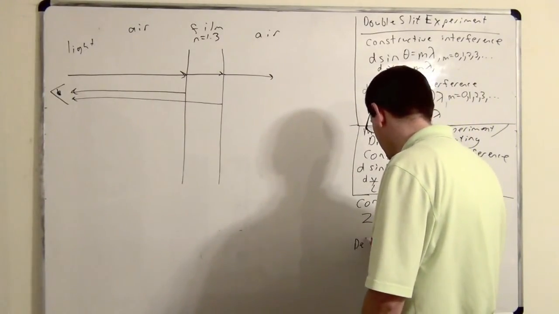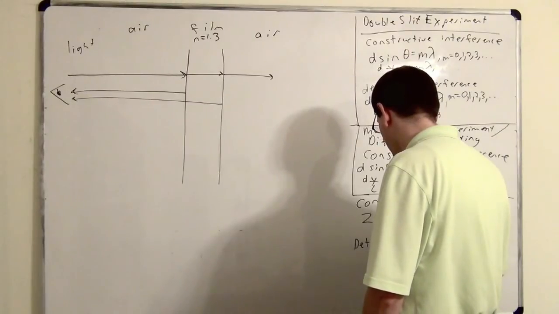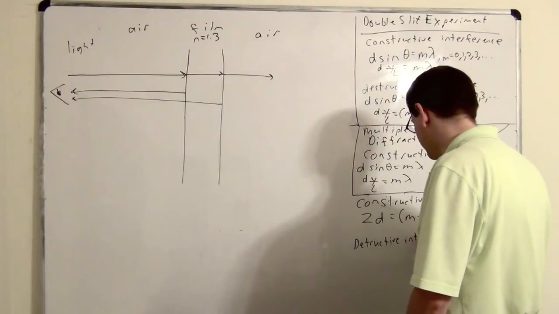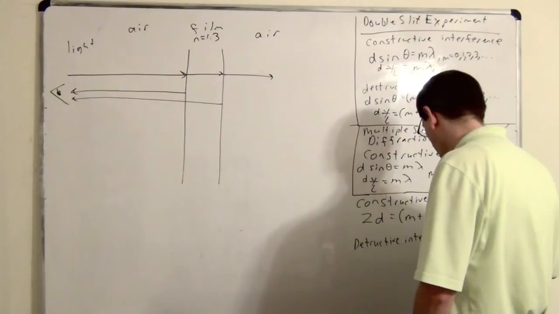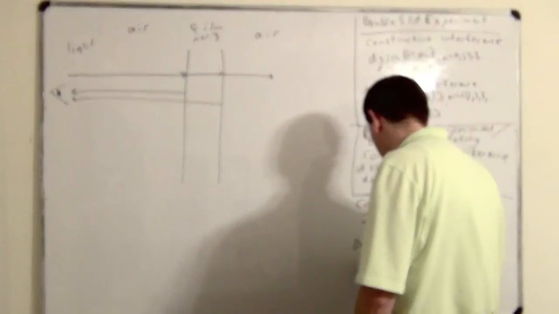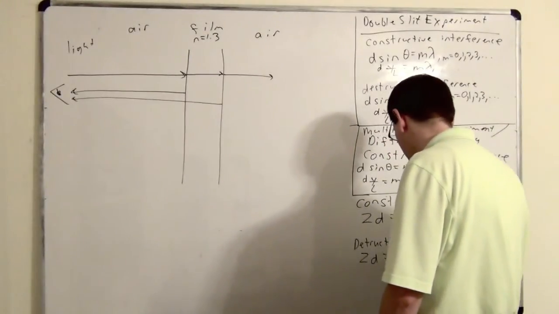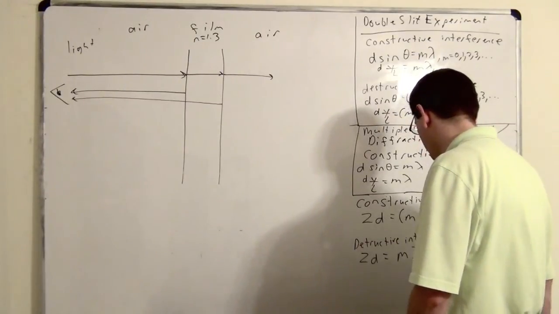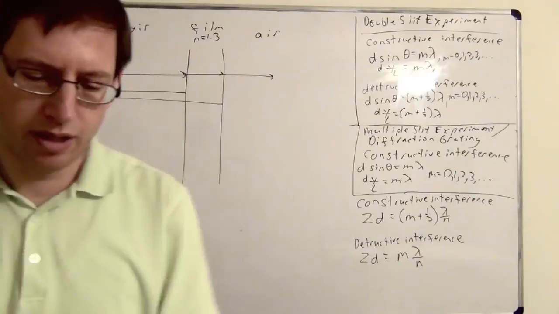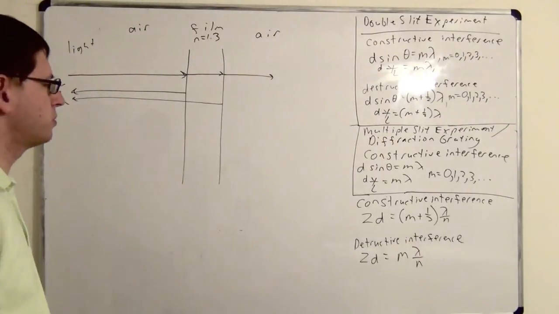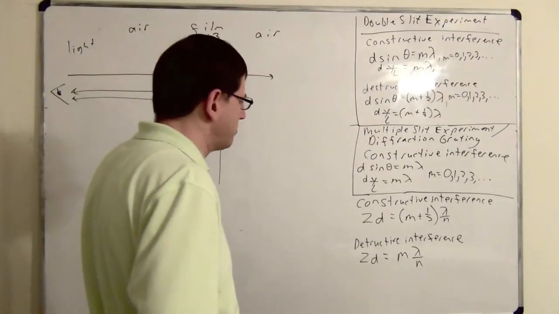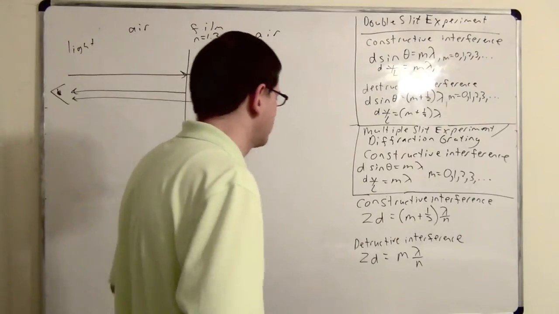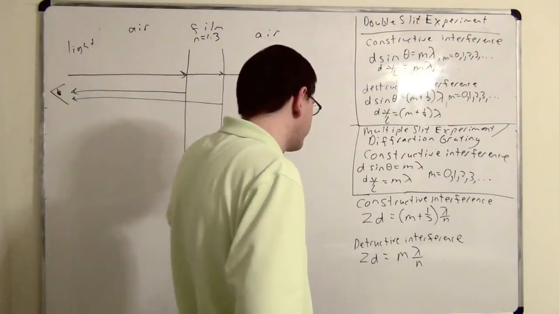Equation for destructive interference, which is this. It's definitely possible to prove these equations, but like I said, they didn't do that in the homework, so let's focus first on just how to use them.